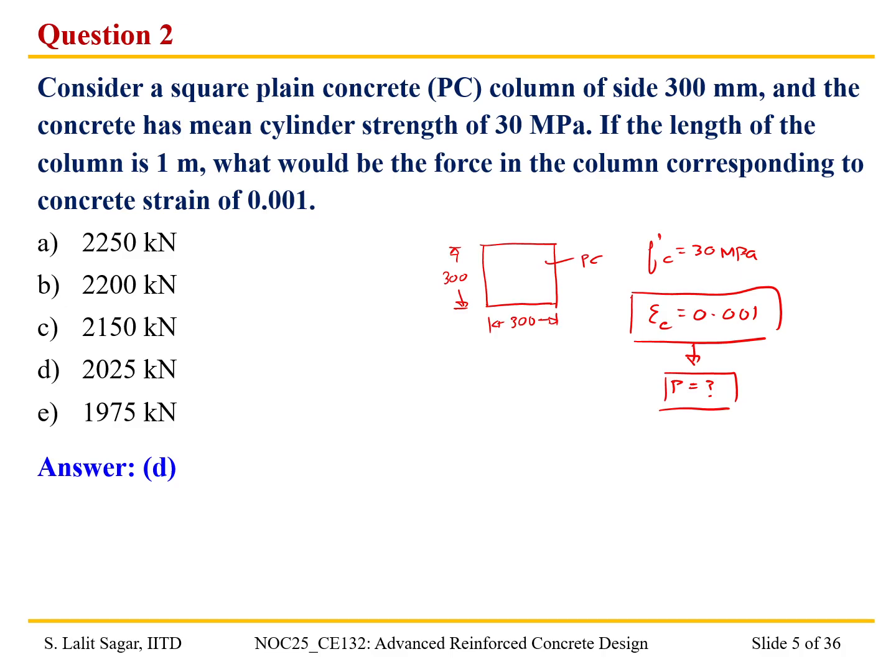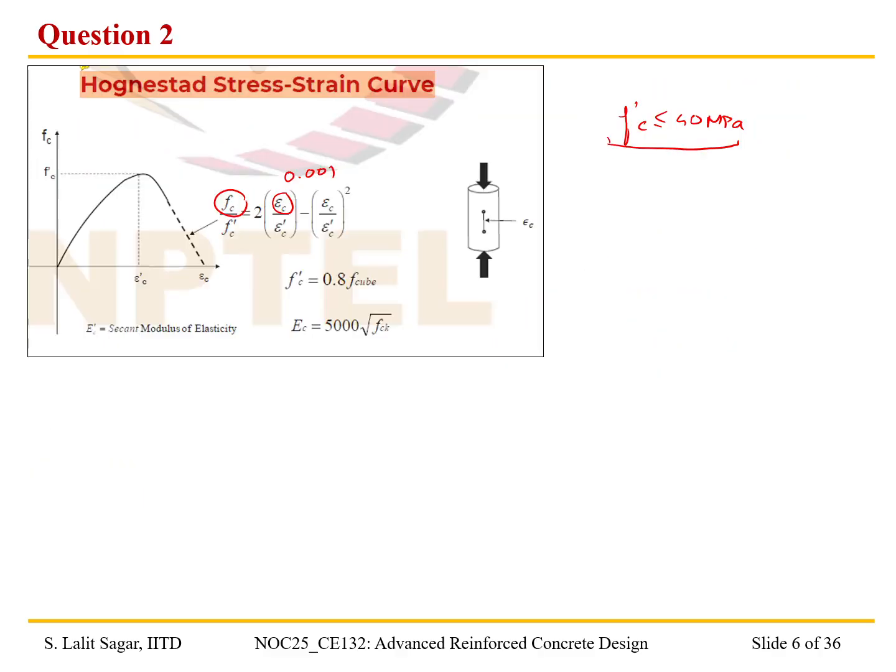If anyone is able to solve the answer, you may please type it in the chat box, or you can even participate in the discussion. Right, so for normal strength concrete, F prime C, that is given in the data, is 30 MPa.